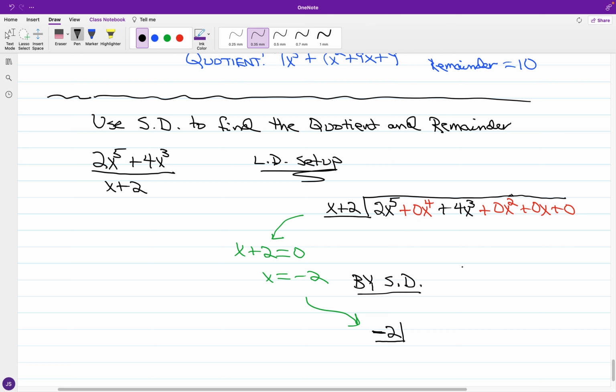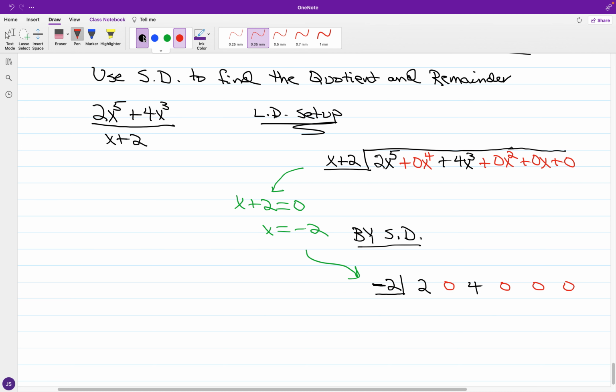On the other side for the column headings, referencing the dividend, I got 2 for 2x to the fifth, 0 for the missing x to the fourth, 4 for the x cubed, and the remaining three zeros for the missing square, first order, and constant terms from the polynomial.